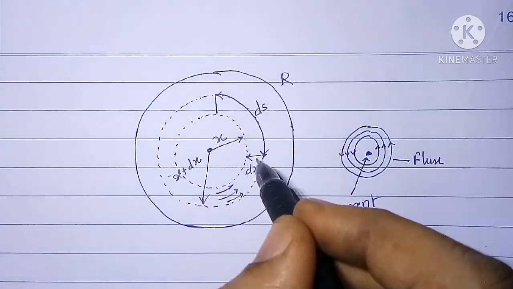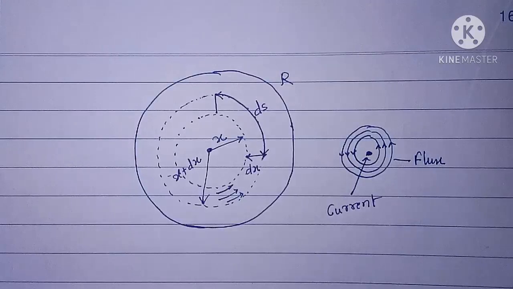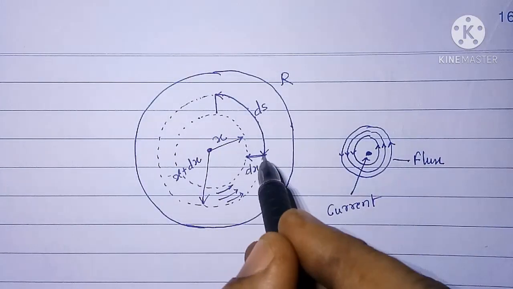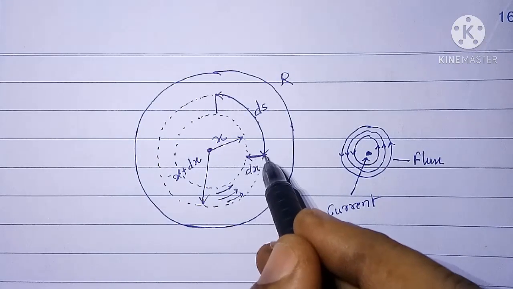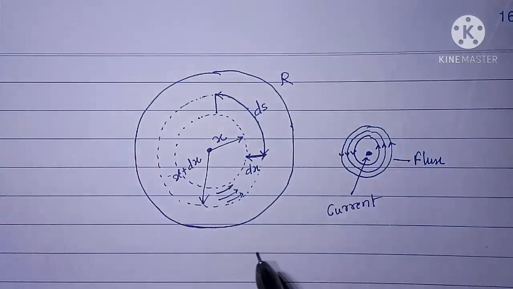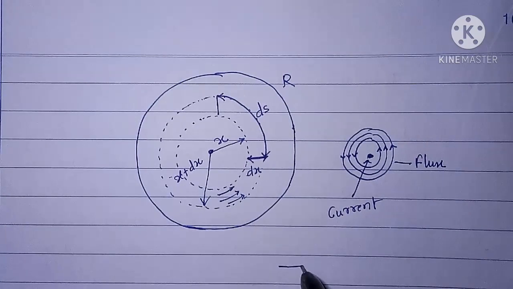Right? If I consider this small distance dx, and the length of the conductor L, then for us it will be appearing like a rectangle like this.